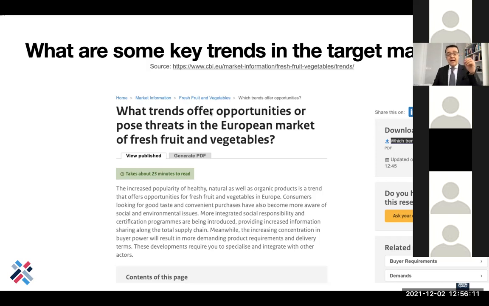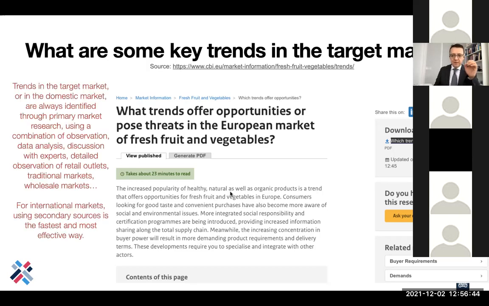So Afka showed you yesterday a slide full of sectors. All of those sectors, including some services, have very, very good information regarding opportunities, threats, market access conditions, trends, what is happening in each of those markets, how do you get inside those markets, how do you enter those markets. There's a lot of information. So again, CBI is my preferred source of information for EU markets.